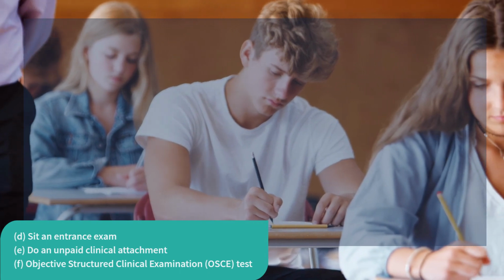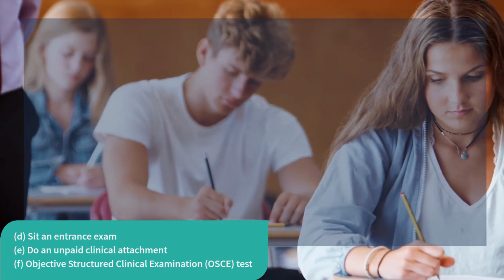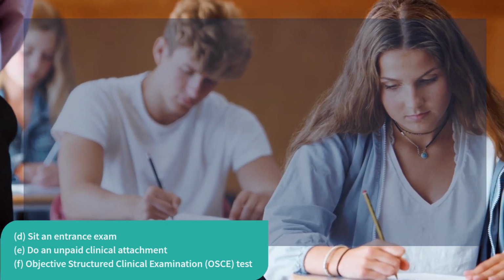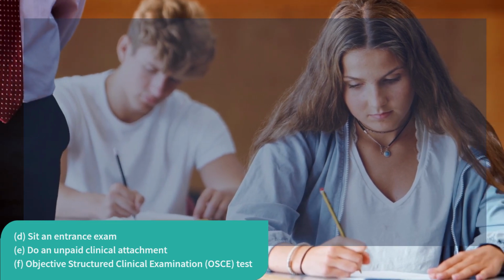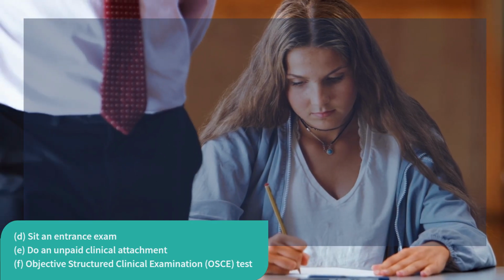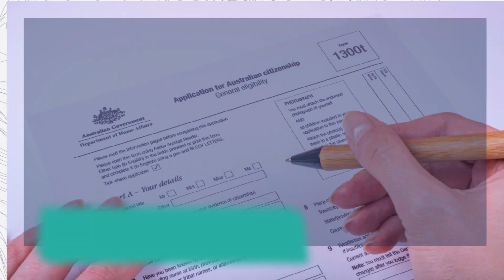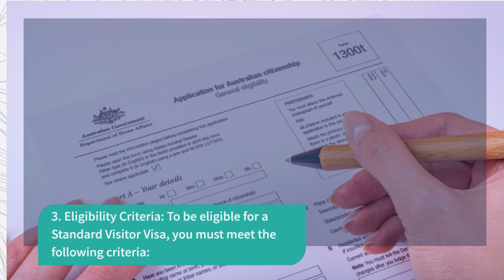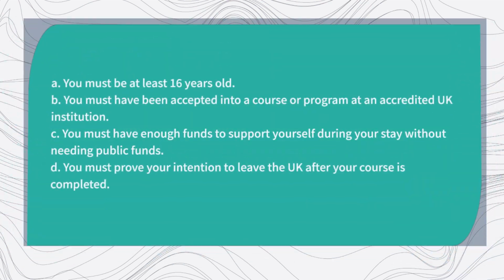3. Eligibility criteria. To be eligible for a standard visitor visa, you must meet the following criteria. A. You must be at least 16 years old. B. You must have been accepted into a course or program at an accredited UK institution. C. You must have enough funds to support yourself during your stay without needing public funds.